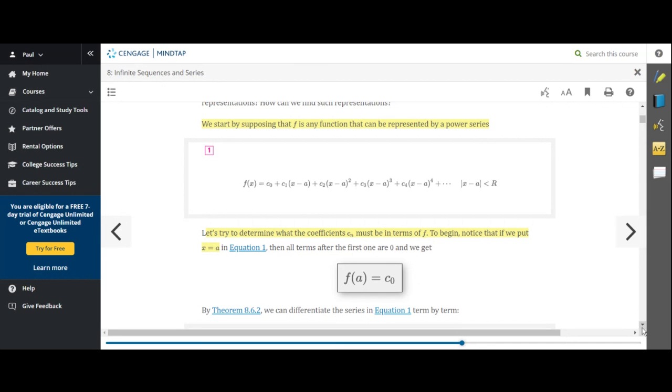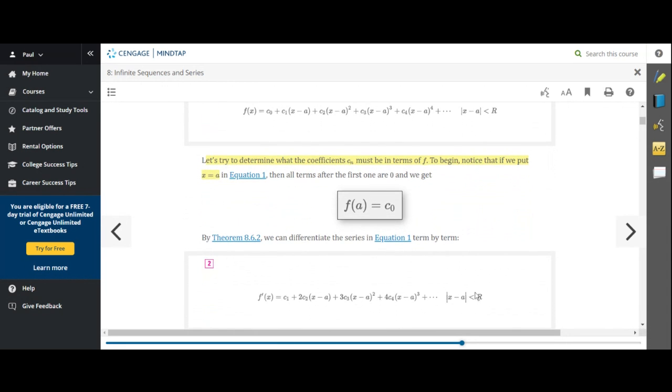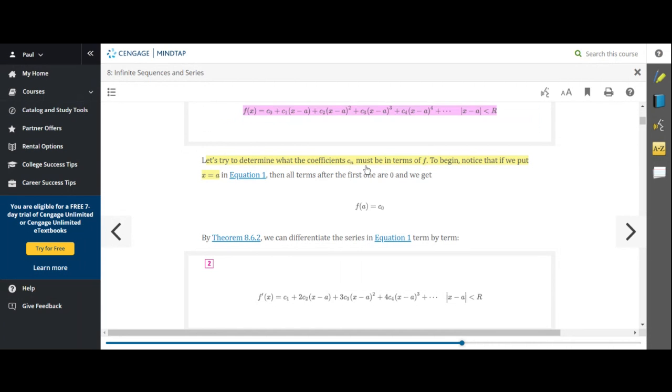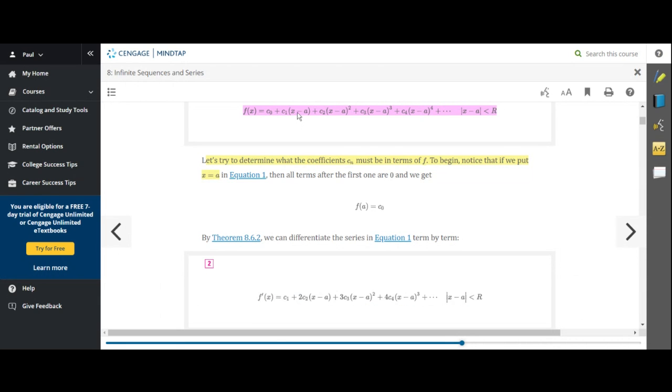Okay, so now the next coefficient is c1. What we're going to do is differentiate the terms in equation 1. We're going to take the derivative of f, and that's going to give us f prime of x. If we differentiate this f of x here in the pink, the derivative of a constant is 0.